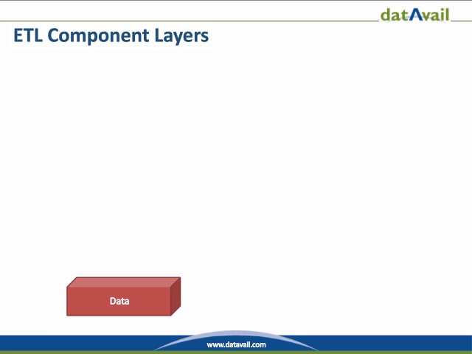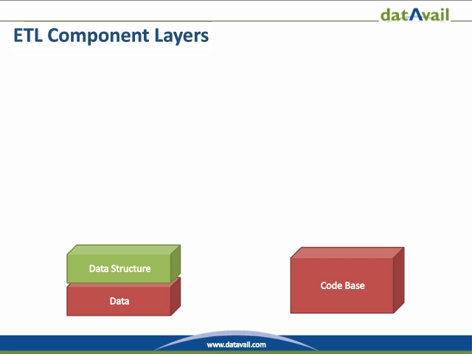Well, if we think about the data, the data itself is in some type of structure. It's some type of data model, whether that's OLAP, OLTP, relational, or non-relational. That data has a structure. And then, of course, on the application side, we have a code base.